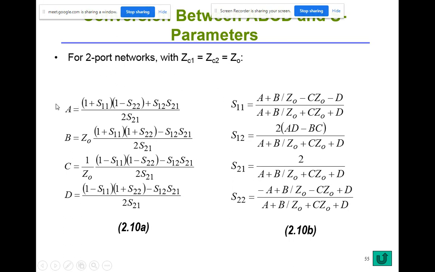Then you can use the ABCD parameters to find the overall ABCD matrix. And if you want, you can again convert it back to S parameters. That is one easy way to find the overall effect.